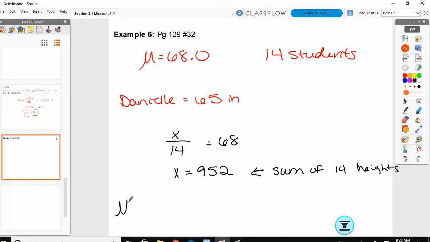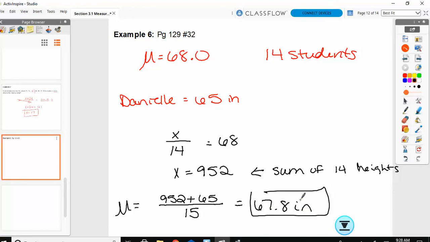To get the new average, you would have to add up all 15 of them, right? The first 14 add up to 952, plus my new value of 65, and now I divide by 15. So our new mean height is 67.8.